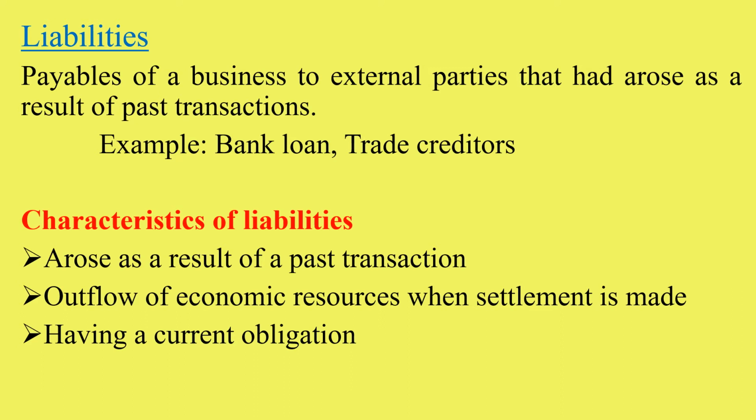We consider it a past transaction. And you should pay this bank loan, or settle it, on a future date. So when you are settling, your economic resources are going out. There is an outflow of economic resources when you are settling the loan.